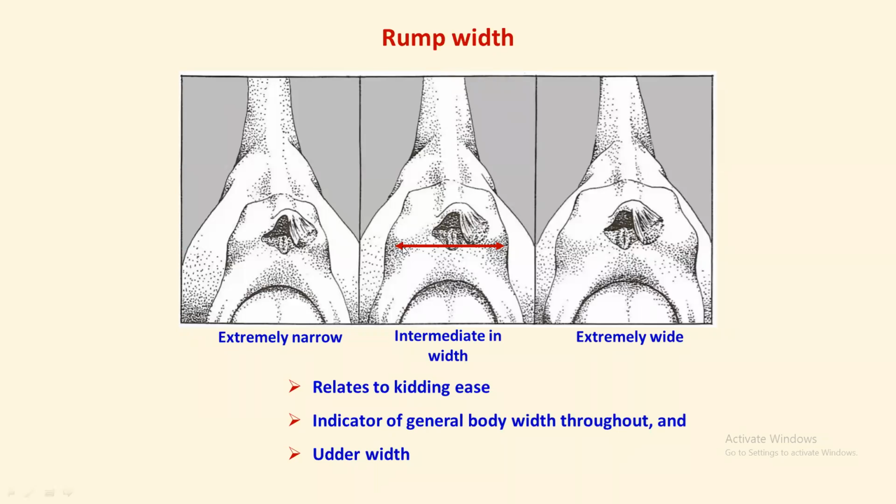Complications will be lesser. And if the ramp width is more, then the general body width throughout will also be more. Just common sense: if the ramp width is more, the body width will also be more. Okay, so it is a very important trait.